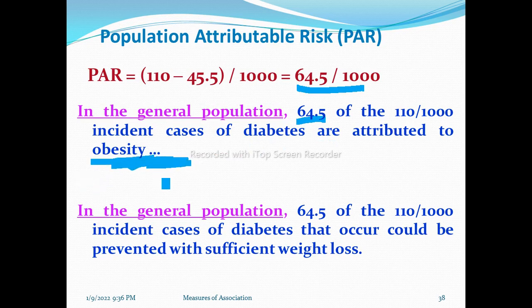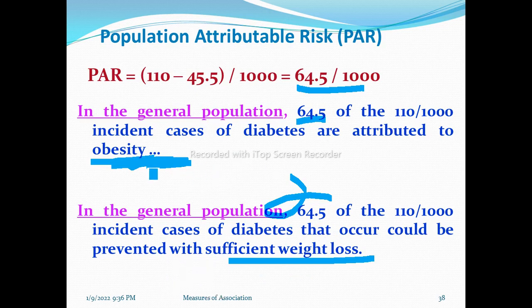So in the general population, 64.5 of the 110 per thousand incident cases of diabetes that occur could be prevented with sufficient weight loss. So if you lose sufficient weight, we will prevent 64.5 of the 110 per thousand incident cases.